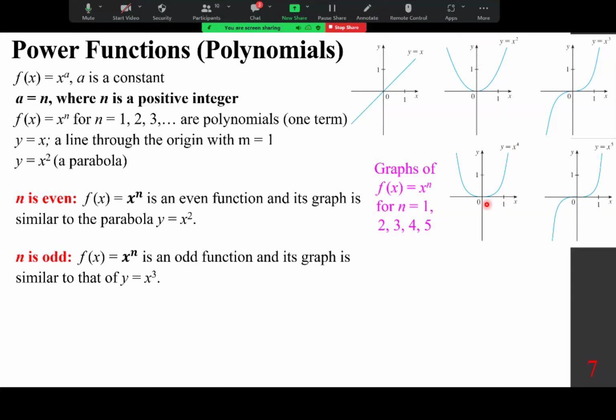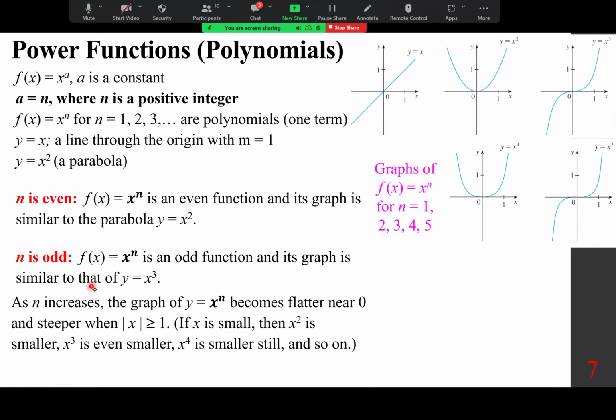In the case of 5, both of them are even. You should notice that. That's the concept, the exponent. This one, x to the power of 5, is similar to x cubed. And that's the idea that is discussed here. So general shape. Remember, if you want to graph them, you need more details, but you should have an idea roughly how the graph looks like for elementary basic functions.